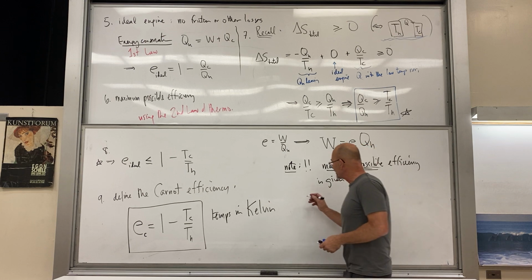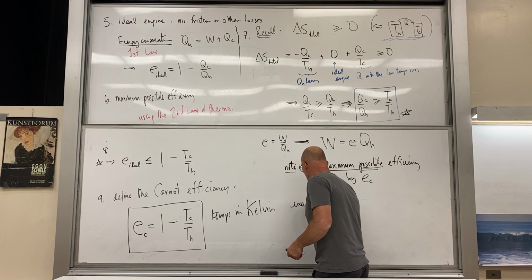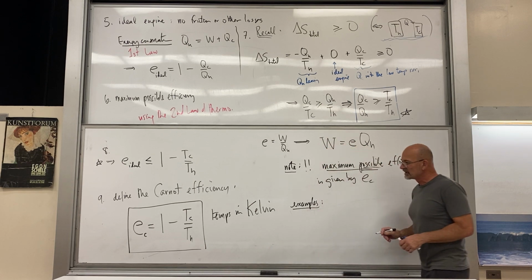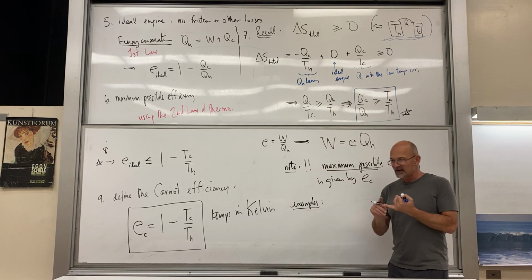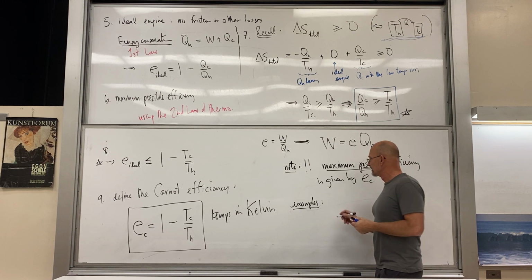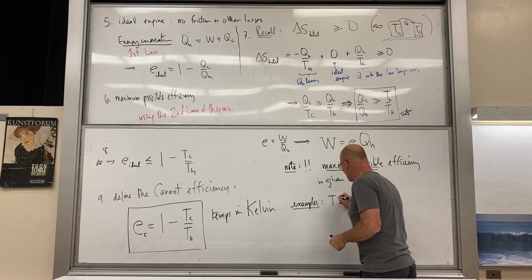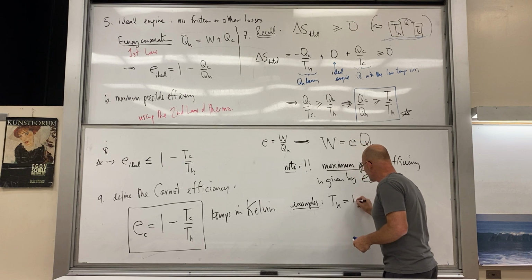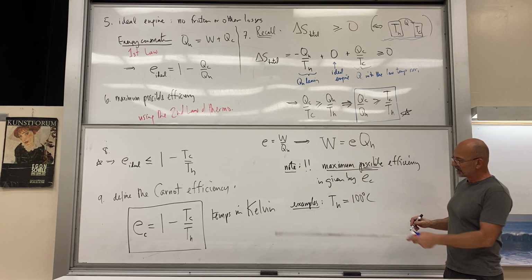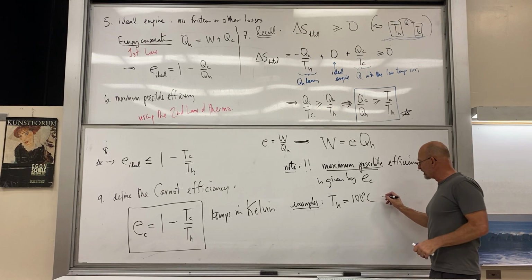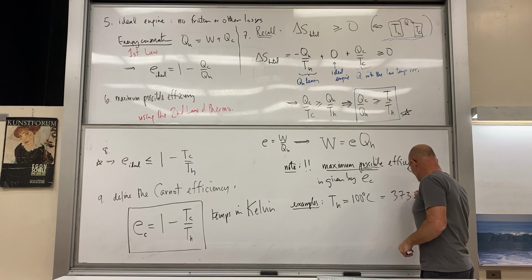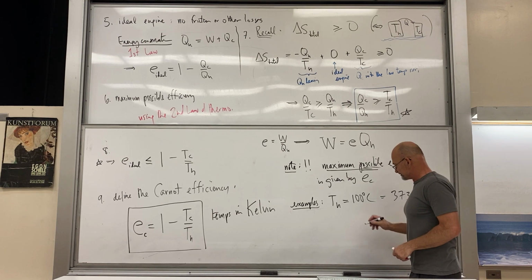So now let's give some examples. The first example is just the difference between room temperature and boiling water. Okay, so let's let TH be 100 degrees Celsius, but remember, it has to be in Kelvin. So that would be 100 plus 273, so that's 373 Kelvin.